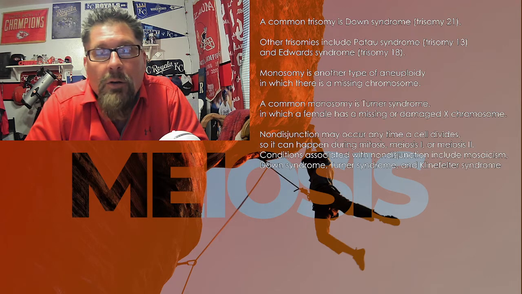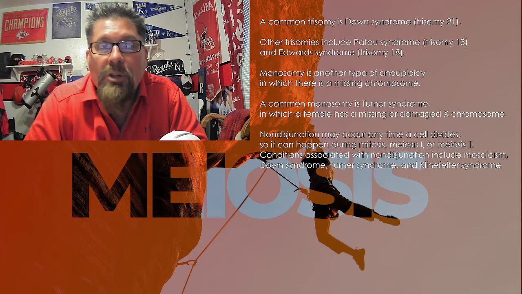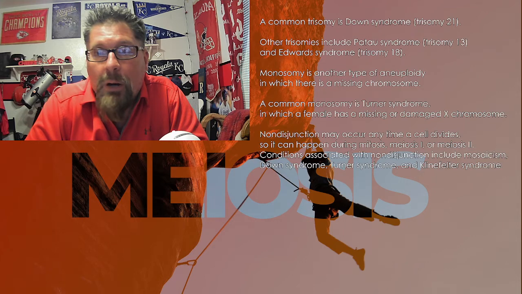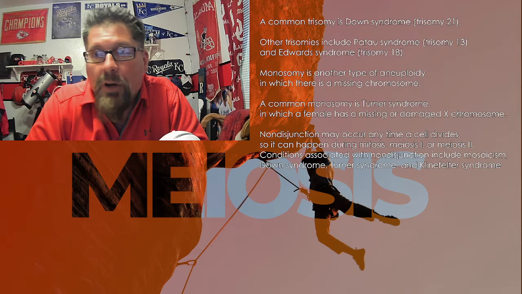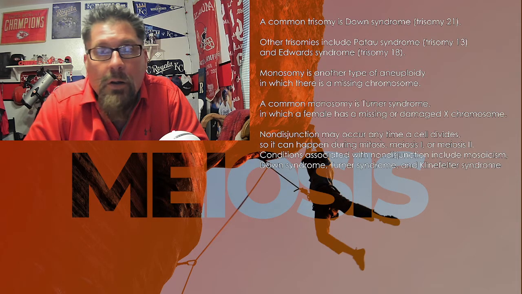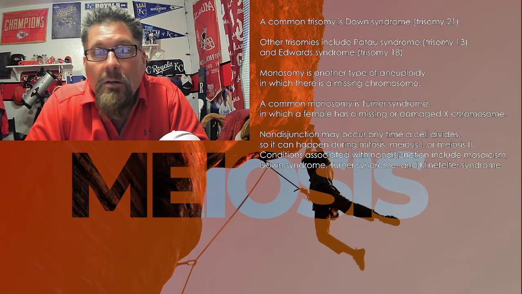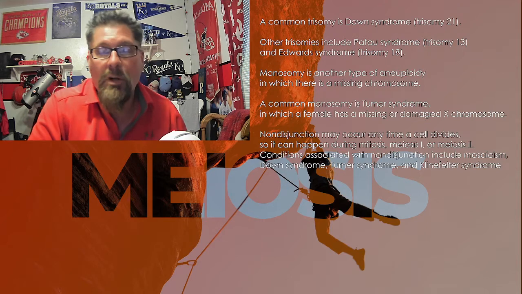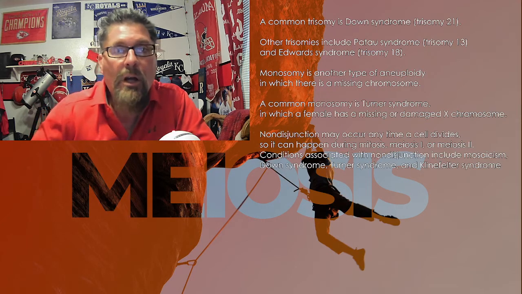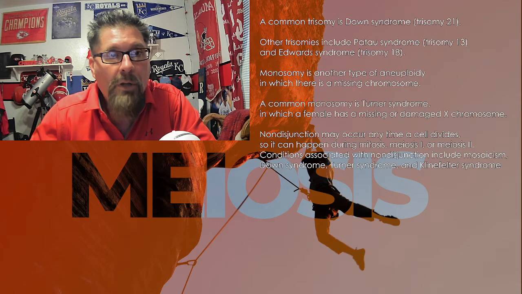So there are lots of conditions that result simply from one chromosome not separating properly. And the same with non-disjunction, you can get Turner syndrome, Klinefelter syndrome, those kinds of things. So if it doesn't properly separate, you wouldn't think it'd be much of a big deal, but as you can see from these conditions, it can be a big deal.